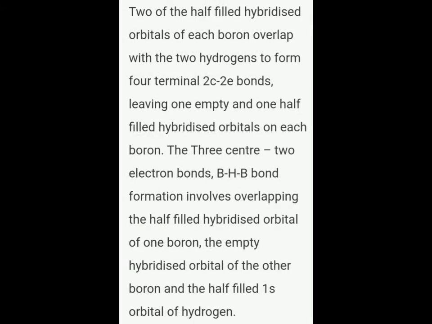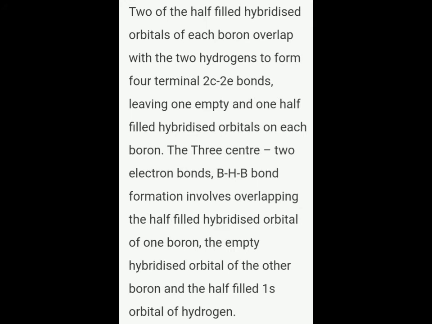Now I am explaining the hybridization involved in diborane. 3 of the 4 sp3 hybrid orbitals contain a single electron and the 4th orbital is empty. How? Because the configuration is 1s2, 2s2, 2p1, so in the 2p orbital there is only one electron.